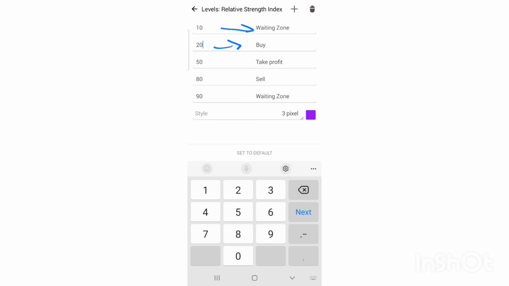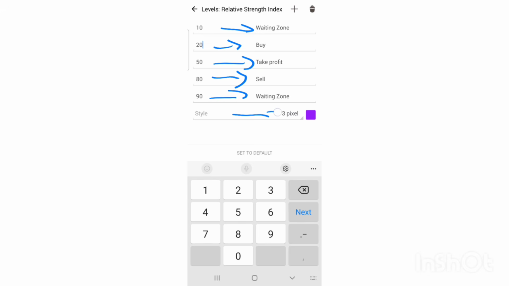Description you put buy. Another level is level 50. Description you can put take profit. Another level we are using is level 80. Description is sell. Another level that we are using is level 90, which is our last level. Description is waiting zone.